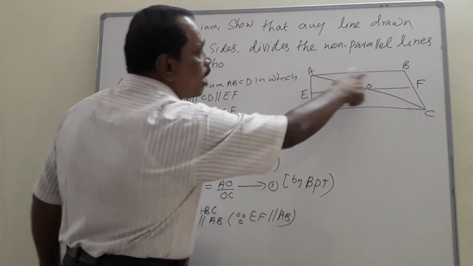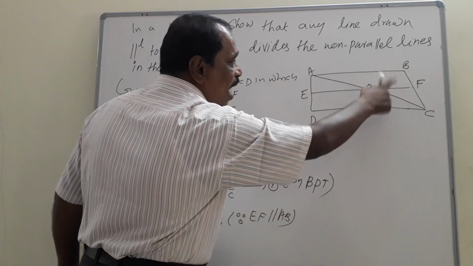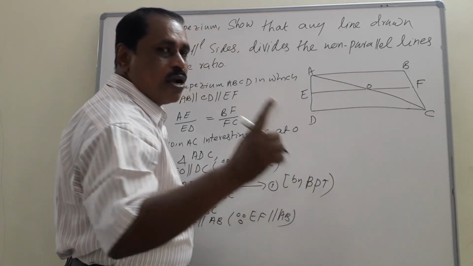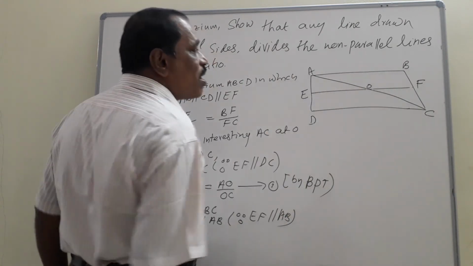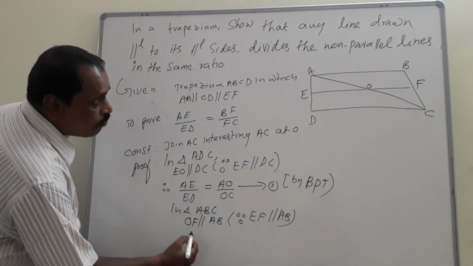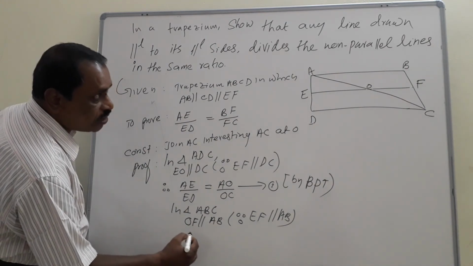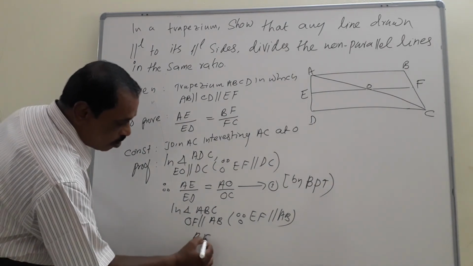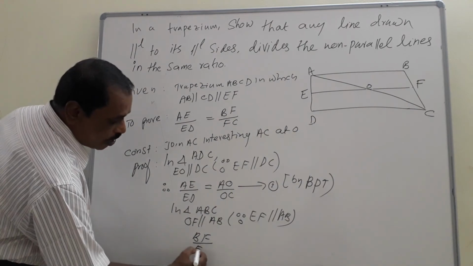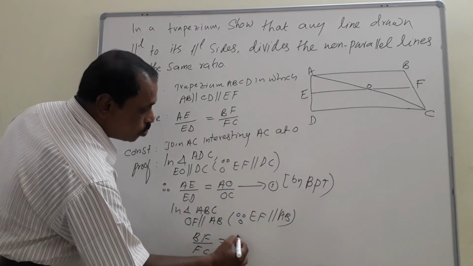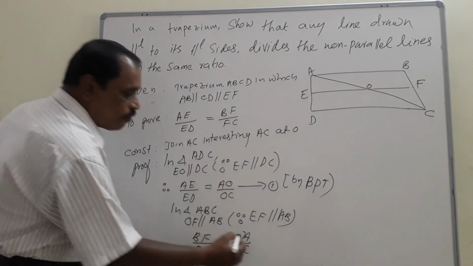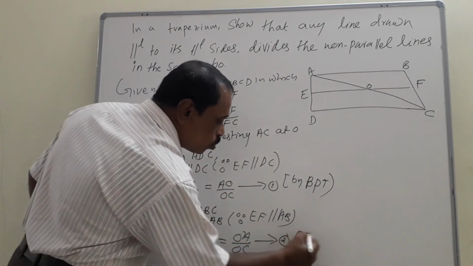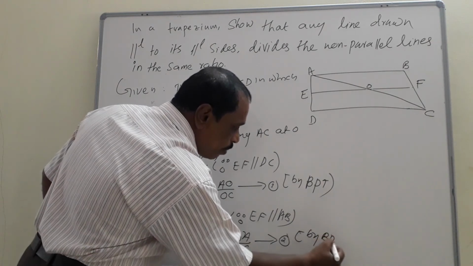Therefore, we know that in triangle ABC, a line parallel to one side intersecting the other two sides at O and F divides them in the same ratio. Therefore, we can say BF divided by FC equal to OA divided by OC, or AO divided by OC. Equation number 2 by BPT.